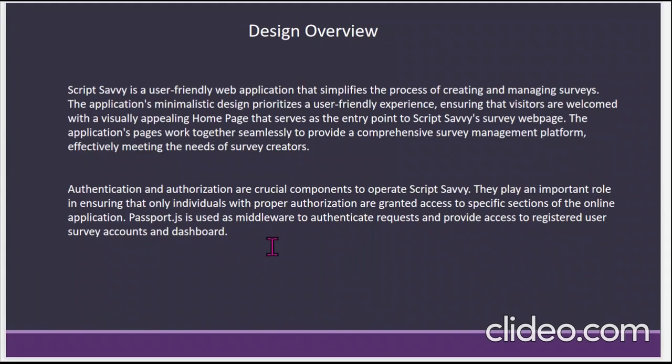They play a security role that ensures that only individuals with proper authorization are granted access to specific sections of the online application. And we have used passport.js as a middleware to authenticate requests and provide access to registered users for the survey accounts and dashboard.